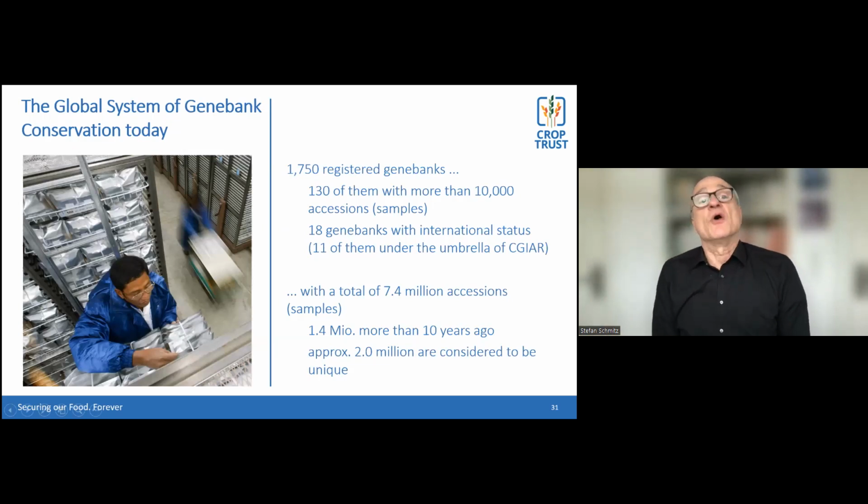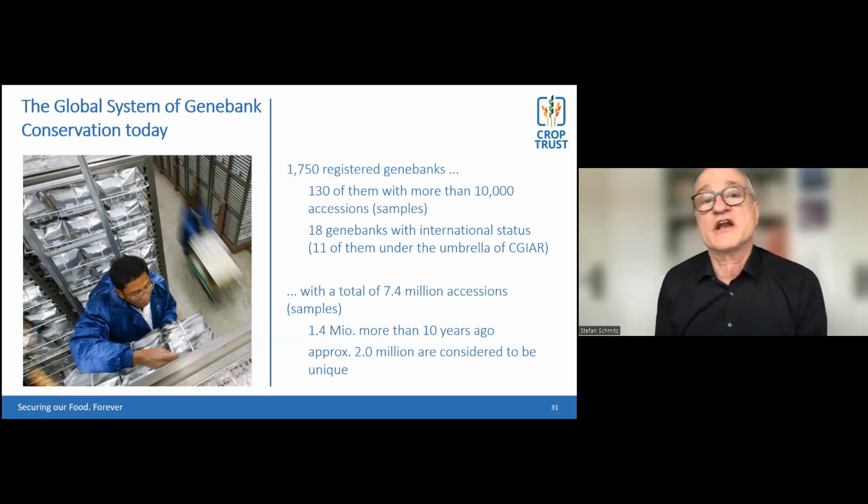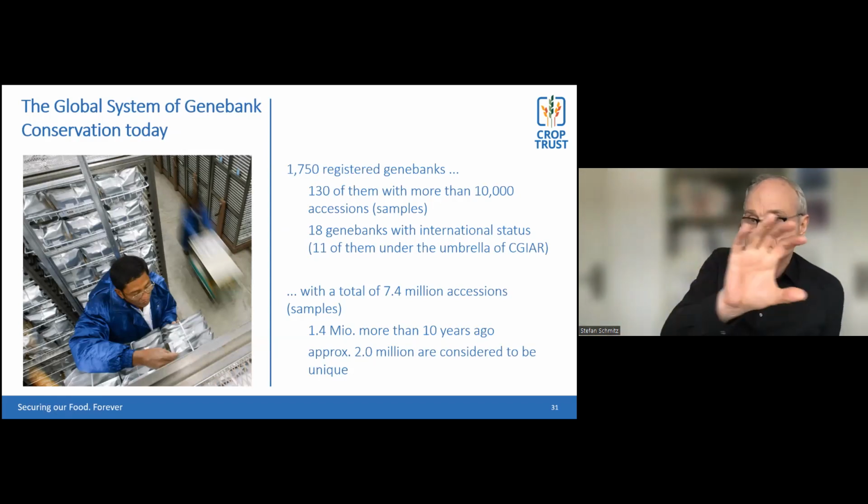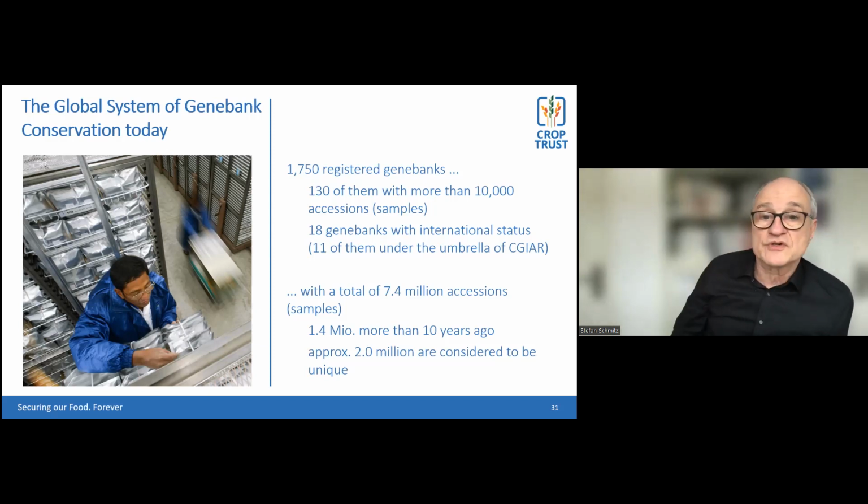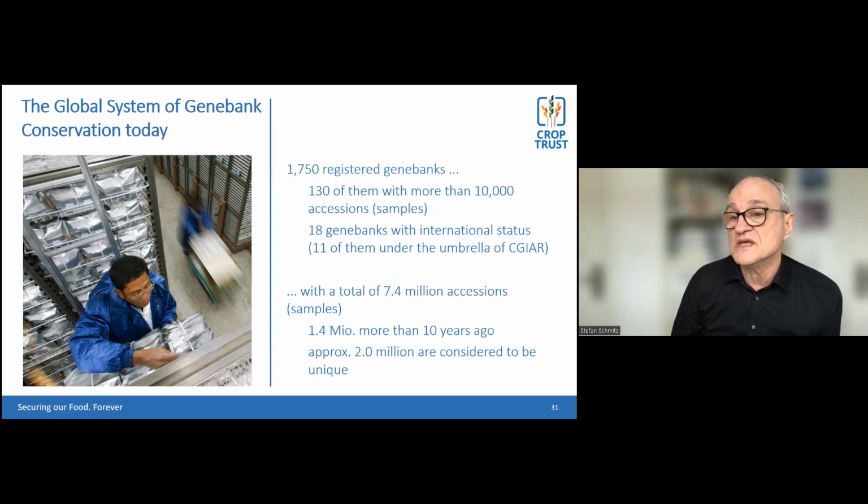So as said, there are about 1,750 registered gene banks today. 130 of them have more than 10,000 accessions or seed samples. 18 of them have international status, so the second layer, with altogether a total of 7.4 million accessions in all of those registered seed banks. This is growing and growing, 1.4 million more than 10 years ago, and approximately 1 million today are considered to be unique.